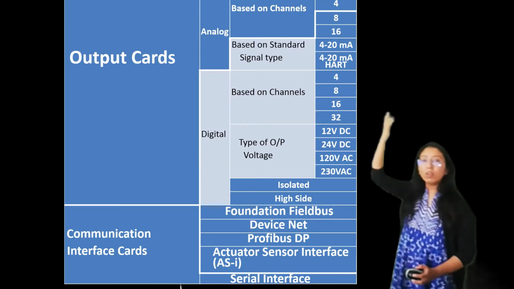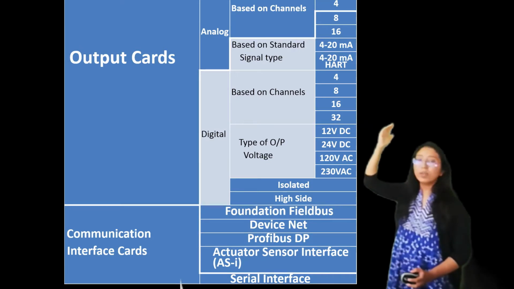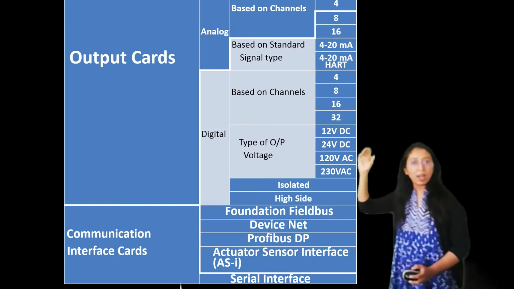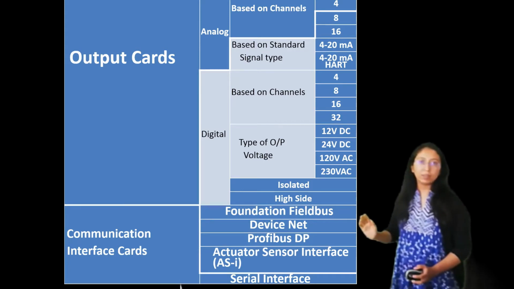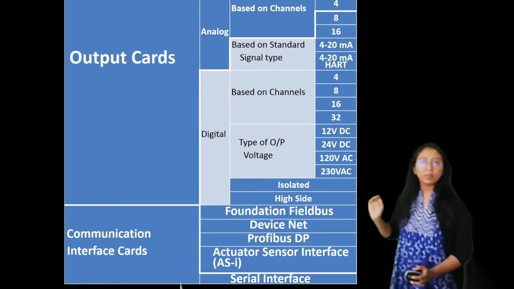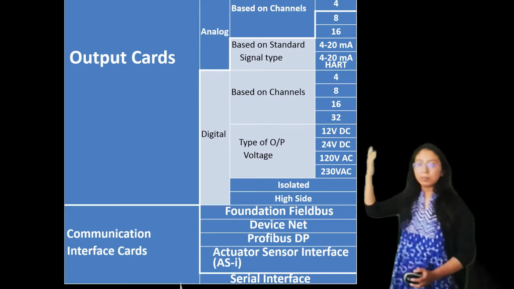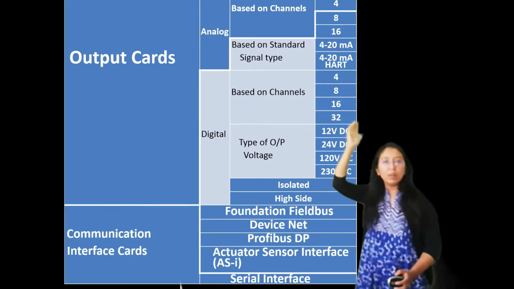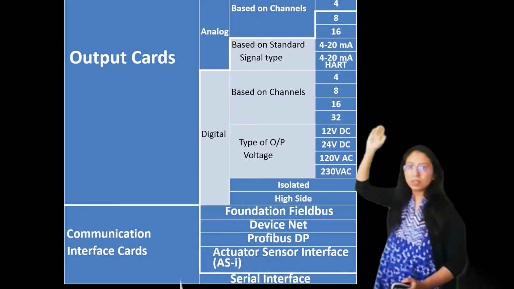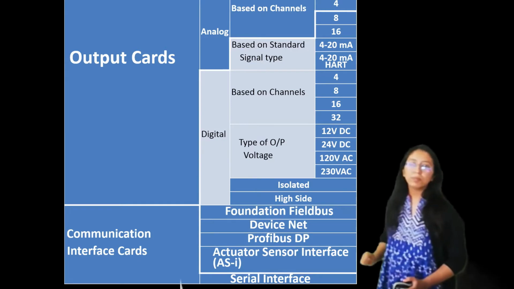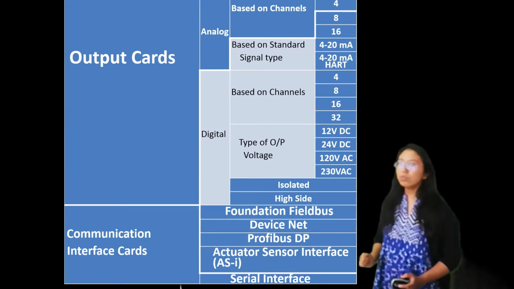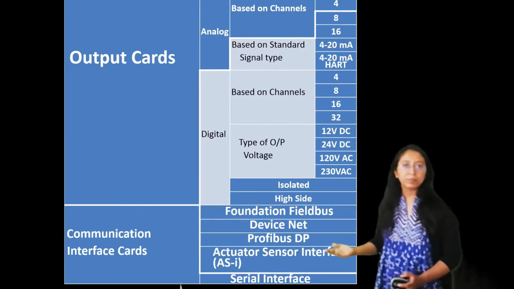Based on channel, 4, 8, and 16 outputs we can connect in the analog slot. And in digital, based on channel, 4, 8, 16, and 32 channels we can use in output.